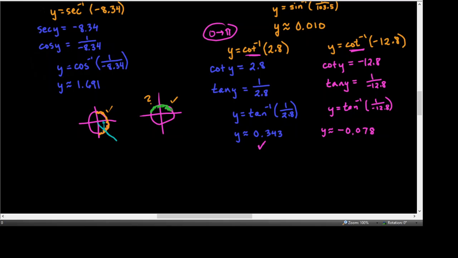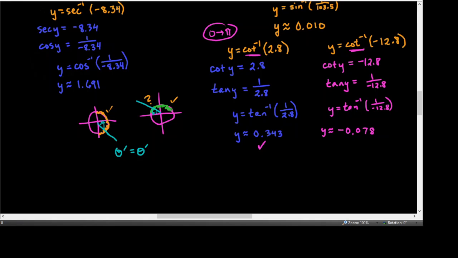over here has an angle, a reference angle, that's the same size as the reference angle that we get. So that's the good news. Those two reference angles are the same.